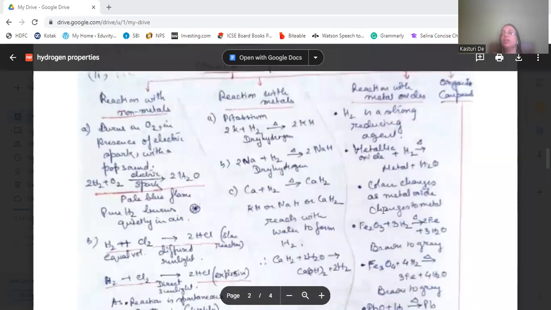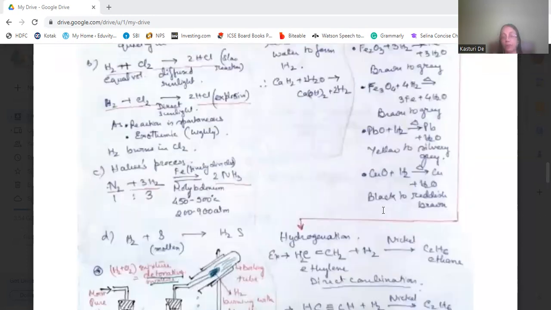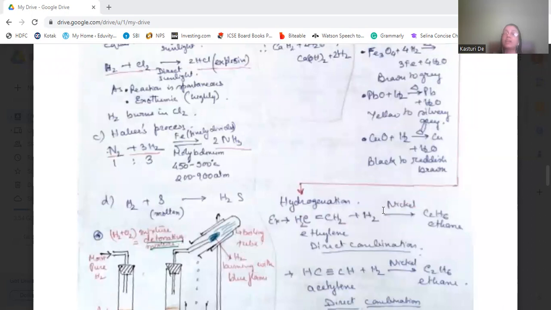Now the reaction with organic compounds is known as hydrogenation. In hydrogenation, what happens? Hydrogen will combine with double bonds and triple bonds of carbon to give single bonded carbon atoms, and this is known as hydrogenation.